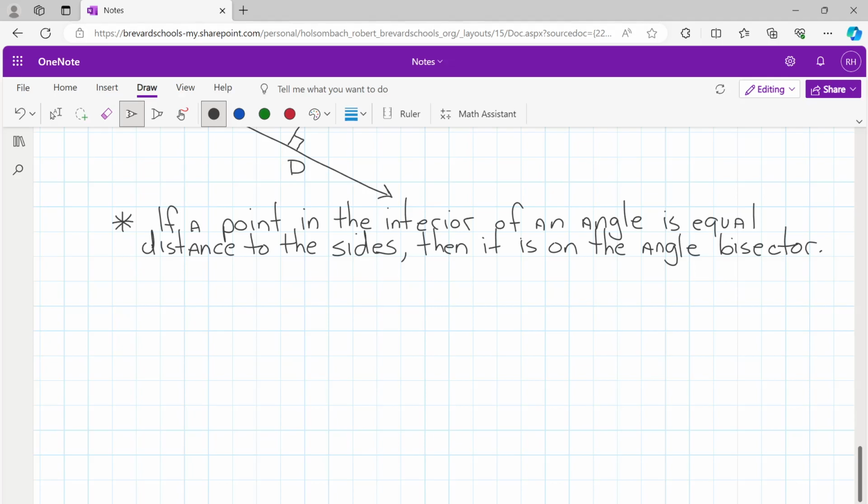All right, it's just the converse of the original theorem.